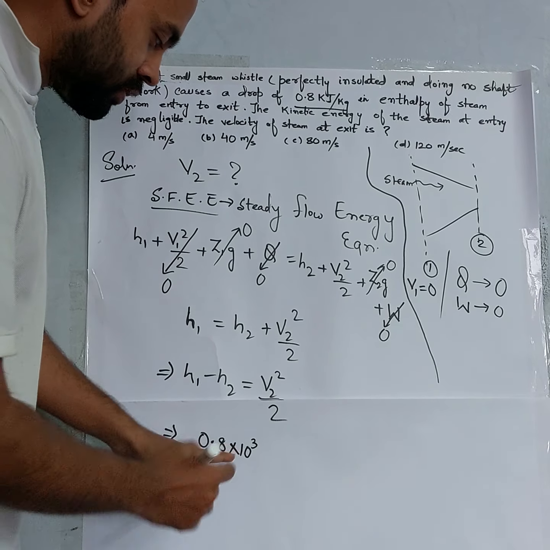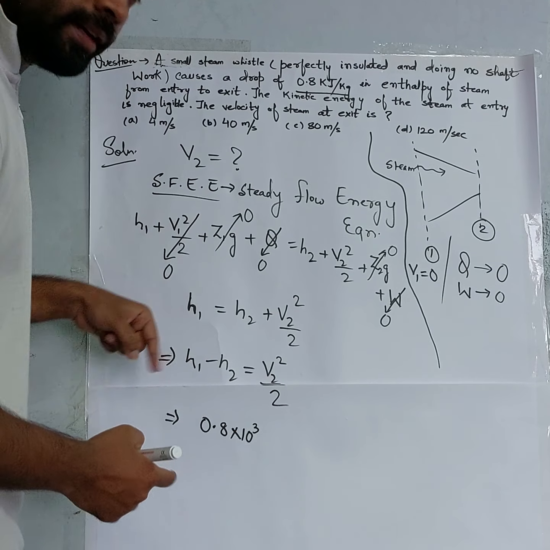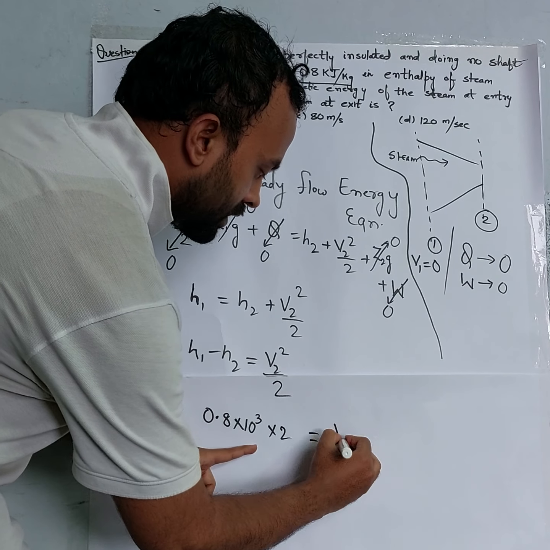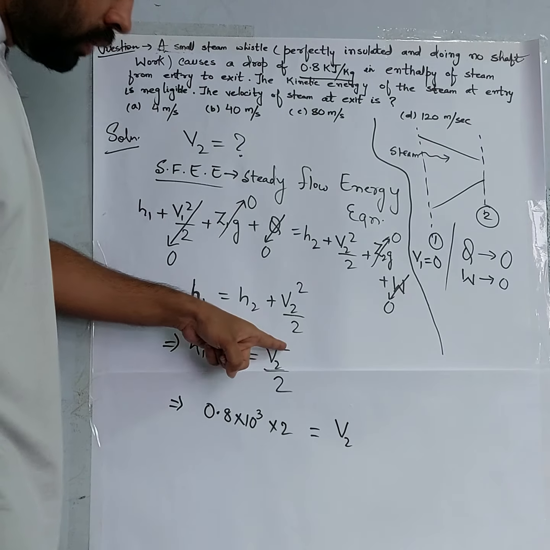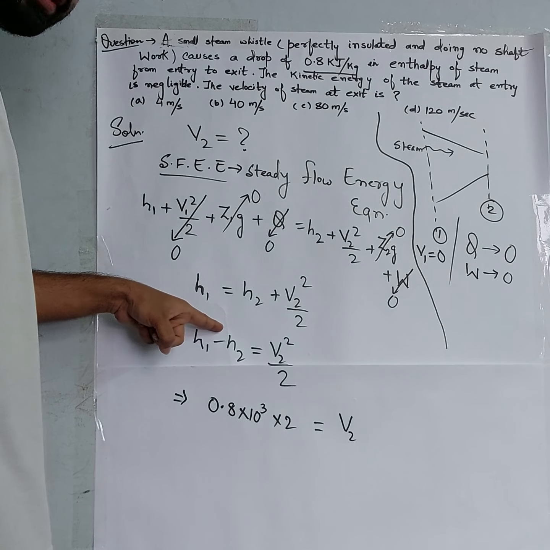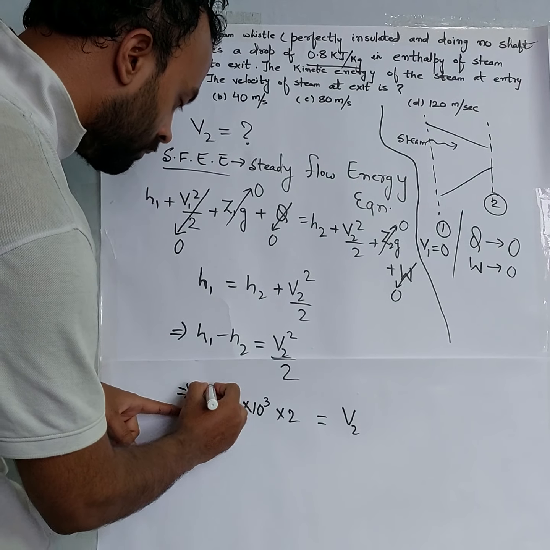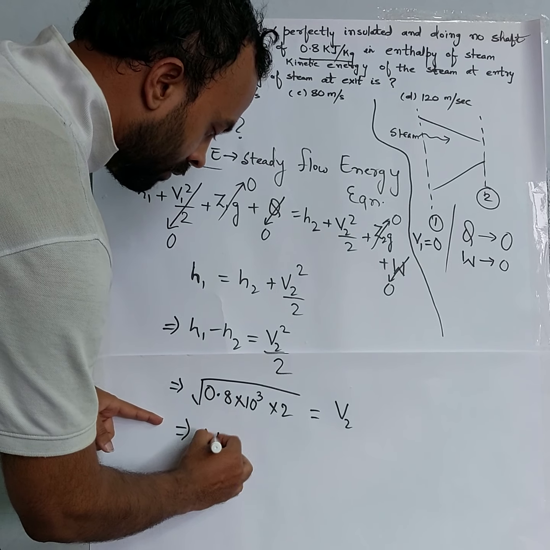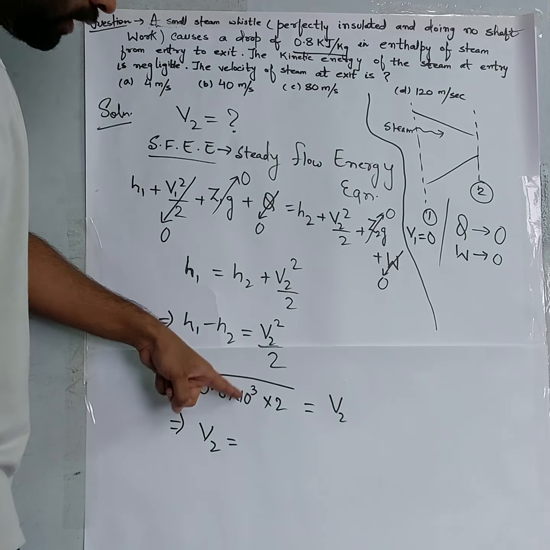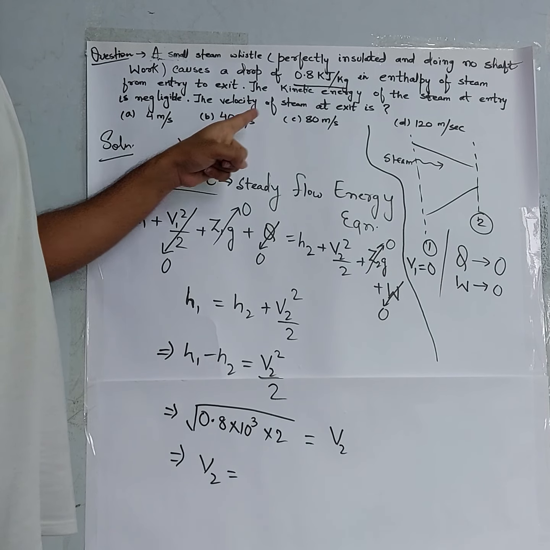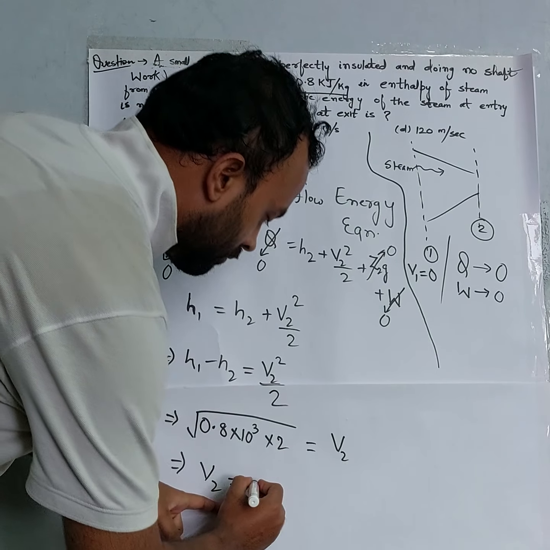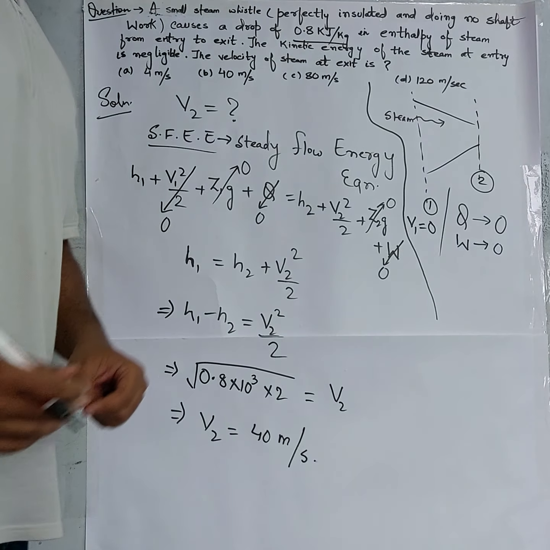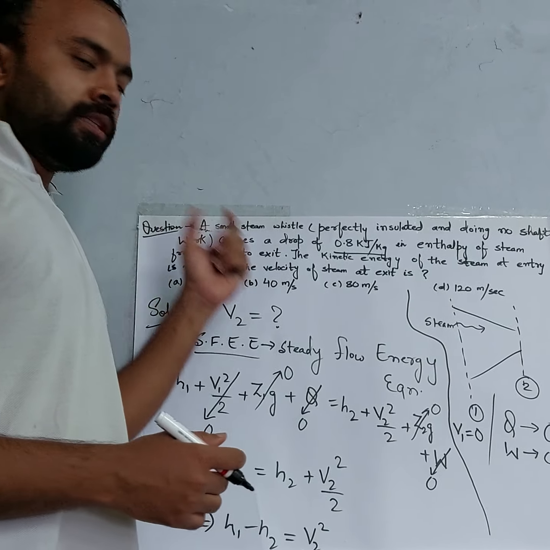Now we shift this to this side, and the square will become a root. Finally V2 will come, and when you calculate this you will get 40 meter per second. You can do this calculation easily. Understood? In this way we can solve this problem.